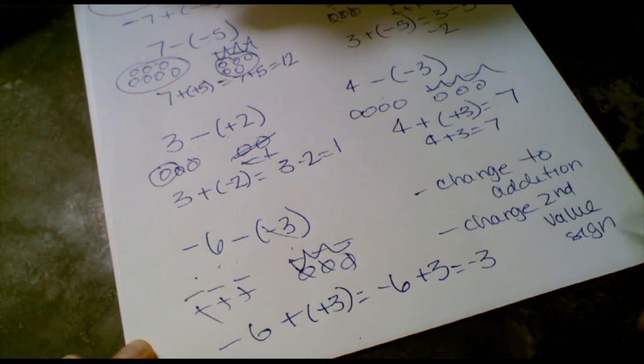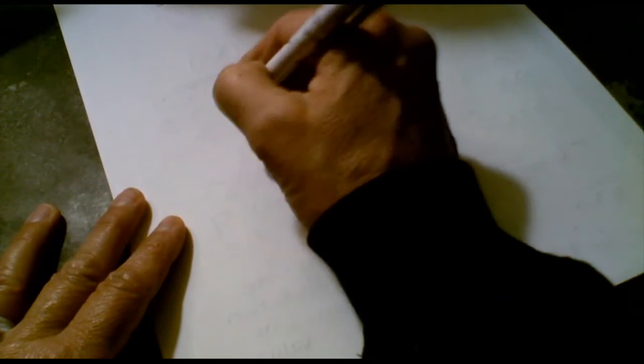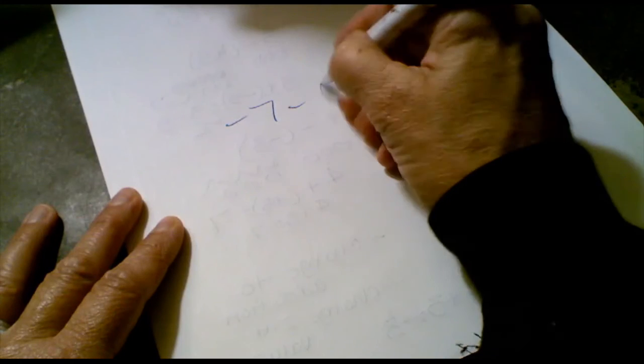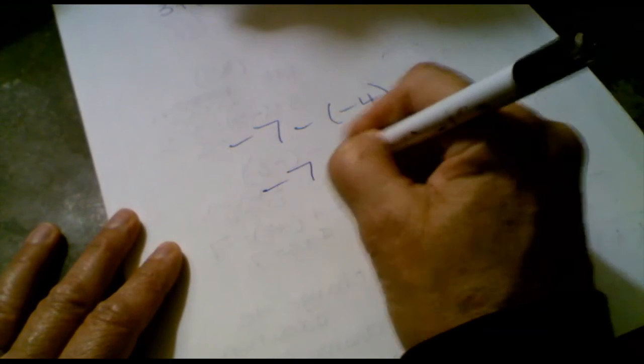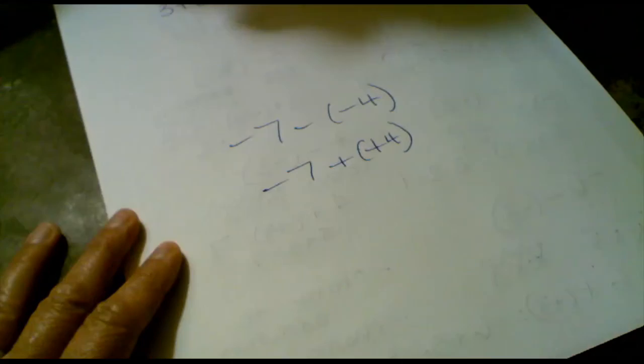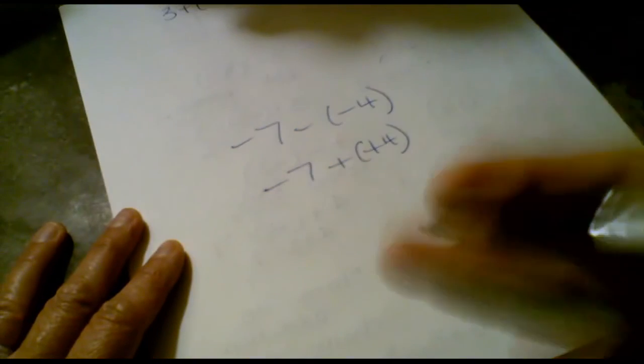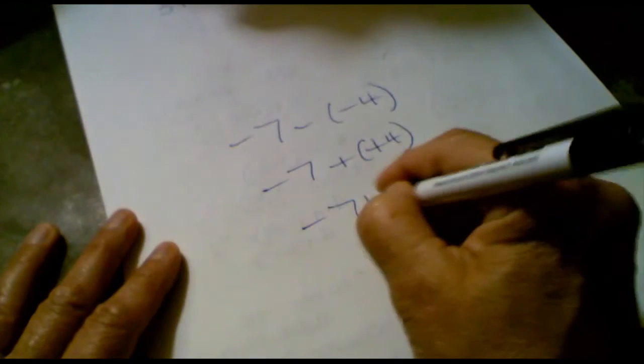But my whole thing is, I want you to make sure that you know that negative 7 minus negative 4 is really negative 7 plus positive 4, which is really, as we move on and stop showing parentheses, negative 7 positive 4. That's the exact same thing.